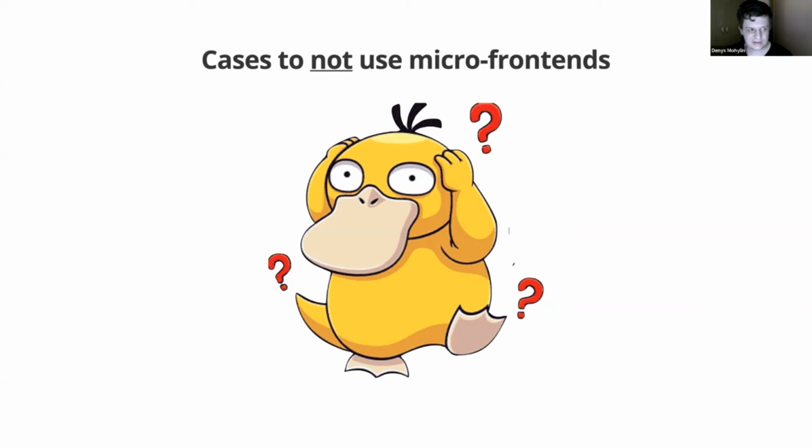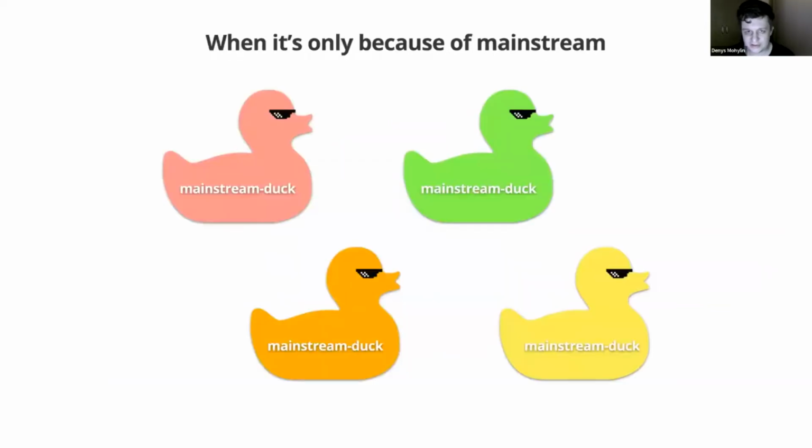The most popular case is very simple, but I've seen a lot of discussions about it when you're talking about Micro Frontends only as mainstream. I mean, every year we have a new technology, a new framework, a new library.